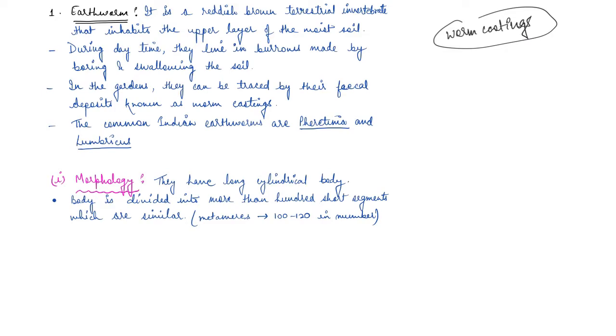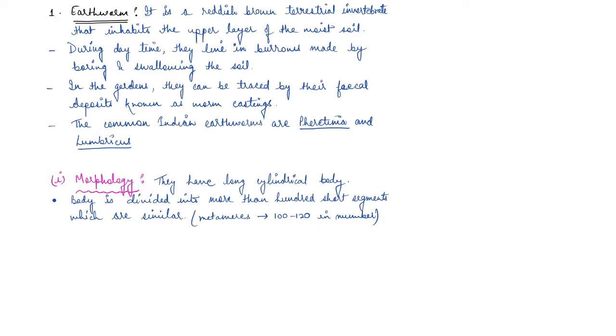Now they have a long cylindrical body, right? You all must have seen earthworms during the rainy season, right? They come out a lot. So they all have a long cylindrical body. When we study classification of animals, we always study that groups of organisms like earthworm have a segmented body.